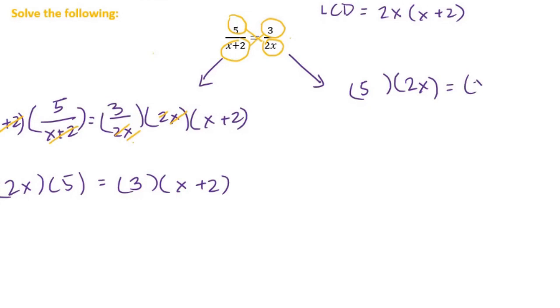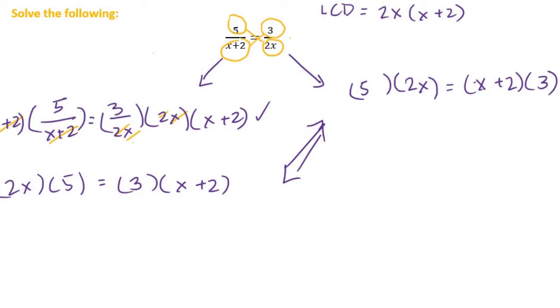So on the right-hand side, we have x plus 2 times 3. So hopefully what you notice is that those two answers are so far identical. The reason that cross multiplication works is because what you're really doing is multiplying both sides by the lowest common denominator. It's just skipping ahead by a step.